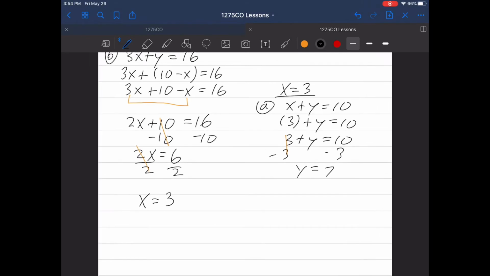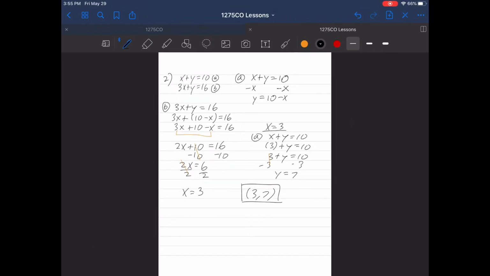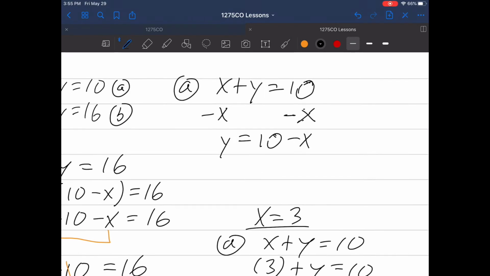So remember that the answer for a system of equations is an ordered pair. Before, our ordered pair was 6, negative 1. That's x, y. This one is equal to 3, 7. And this is called the substitution method, because we are taking one of these equations, solving it for either x or y.